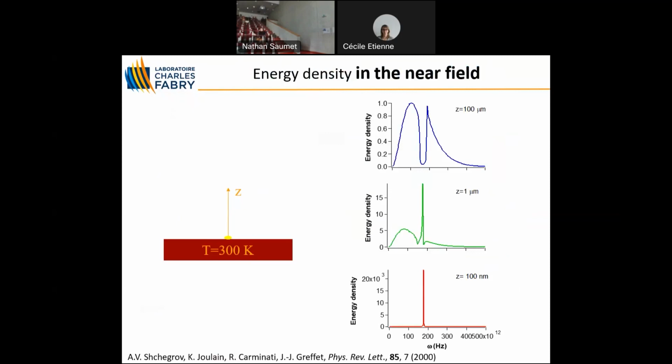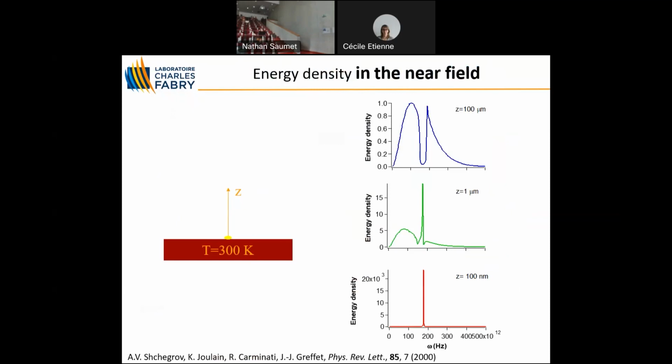Then 1 micron, this is smaller than the peak wavelength. This here is wavelength. This is energy density, so the square of the electric field plus the square of the magnetic field. That's what I'm talking about here. This is in hertz. In wavelengths, this peak is at 11 microns, so it's closer to 10 microns.